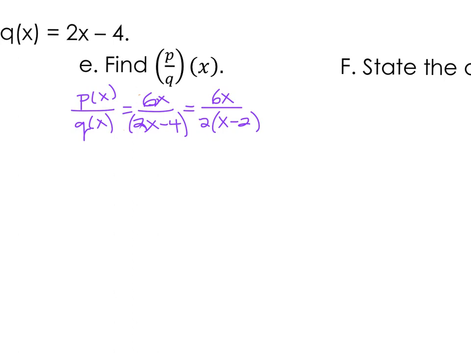Now that we've taken the 2 out and created a product with that x minus 2 parenthesis, the 2 is now finally fair game to cancel out with that 6 in the numerator, because 6 is being multiplied to that x. So 6 over 2 would create 3 over 1, and that reduces this fraction to 3x over x minus 2. And that's as far as that would go.